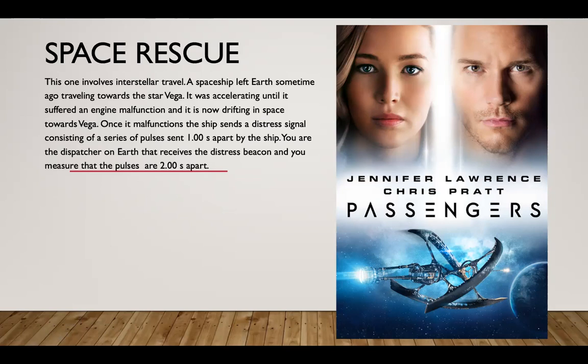The main thing is that special relativity doesn't work when you're accelerating. So now for our malfunction, it means that the engine stopped working. So now it's just drifting with a constant speed in the direction towards Vega. So now special relativity is working, and all the equations I showed you before would work.